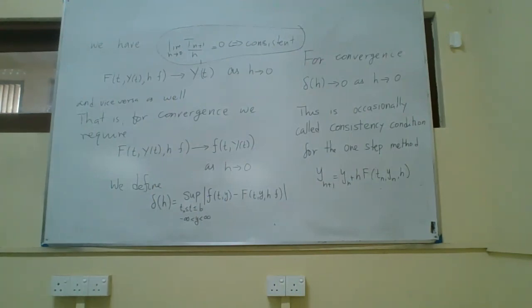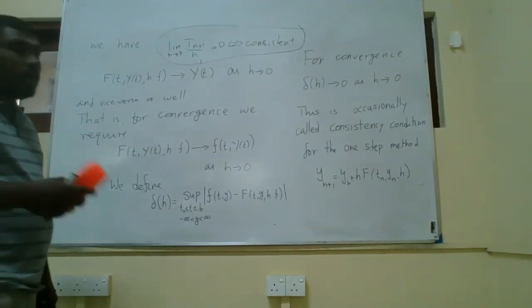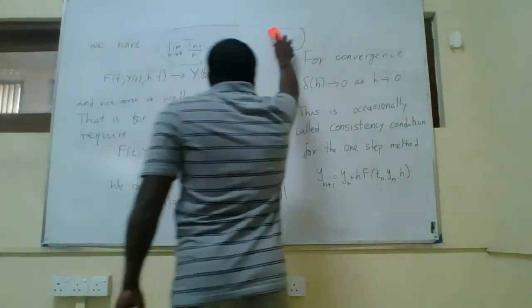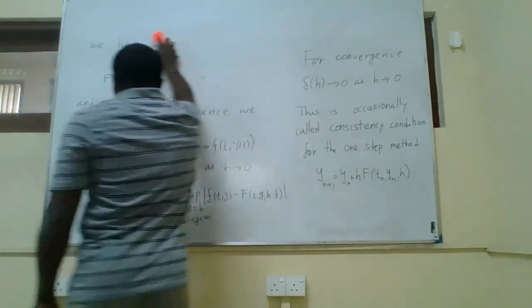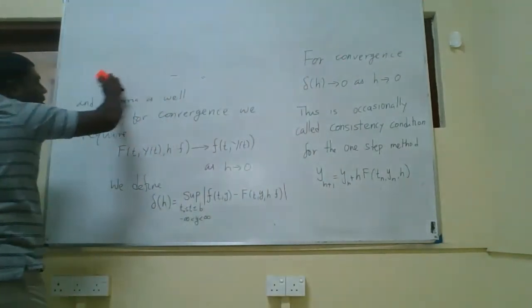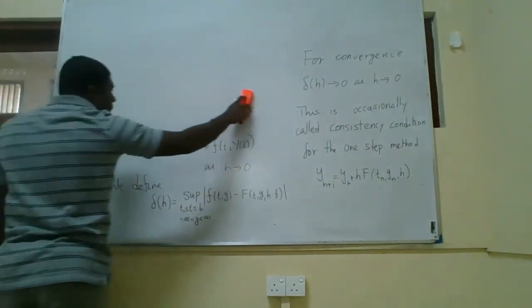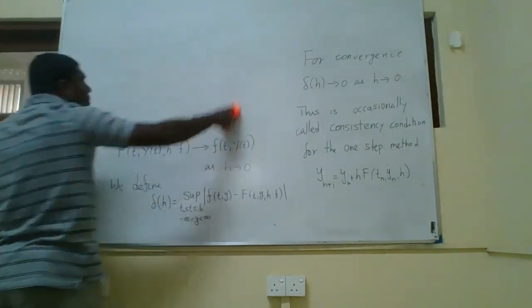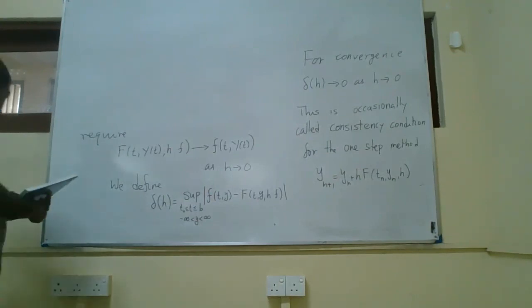So now to do further, if you think of this as an error, you can reformulate the method by including the error term in it. Because you always know, if you want to prove convergence, you have to make sure the error is minimized, or the error should go to zero. That is the idea. So you can include this error term here, right?